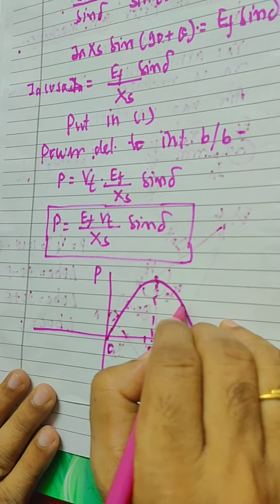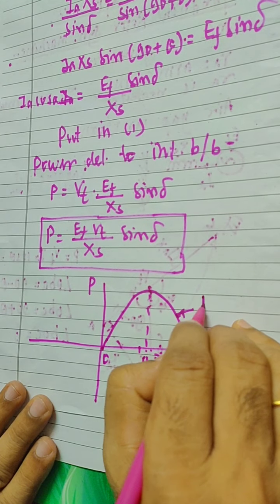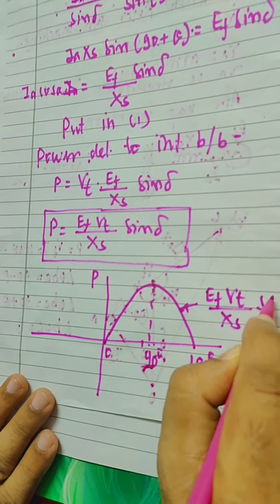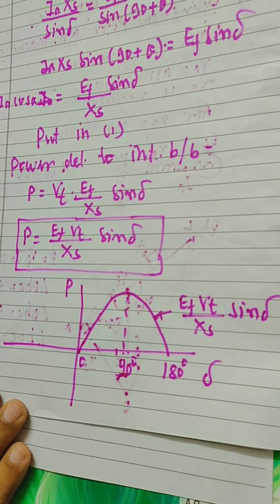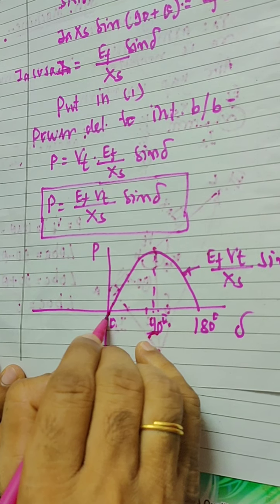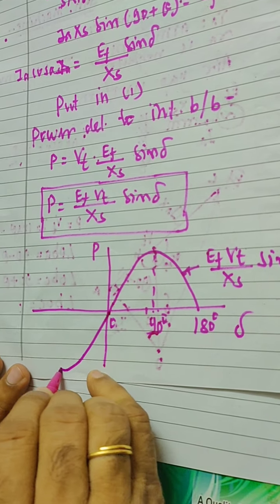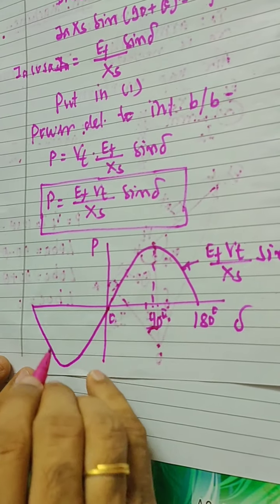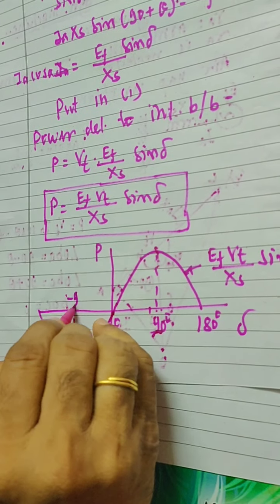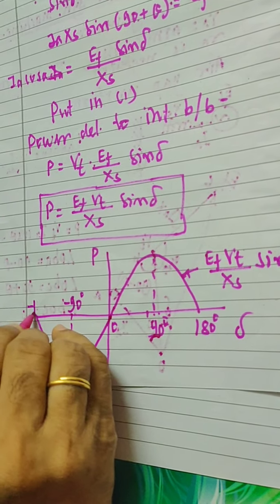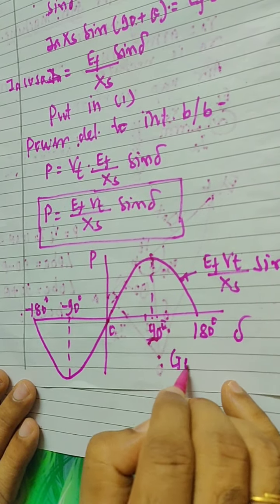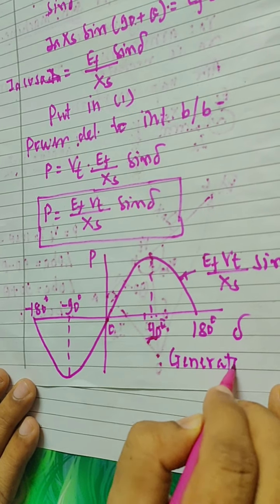So this is the power delivered, with characteristics Ef Vt upon Xs sine delta. This is for the generator. For the motor, the power is opposite, so the characteristics will be exactly the same but mirrored, for minus 90 degrees and minus 180 degrees.